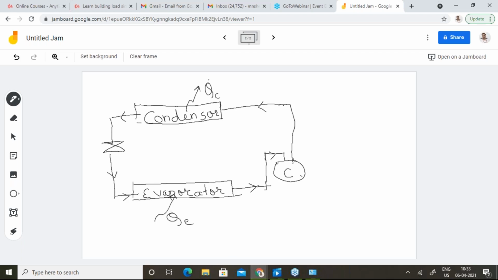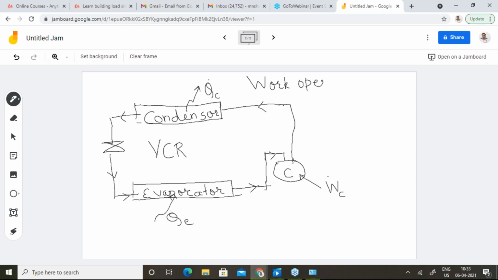And for this we need to supply certain work in the form of compressor work. And we have studied that this system is the vapor compression technology. And this system, because it is driven by work, it is called as a work operated system.